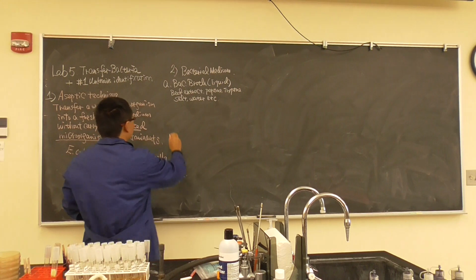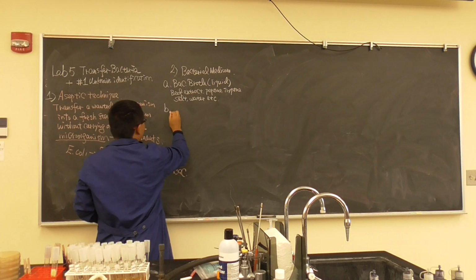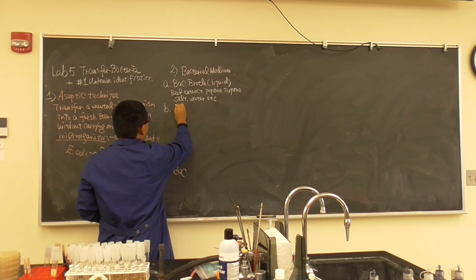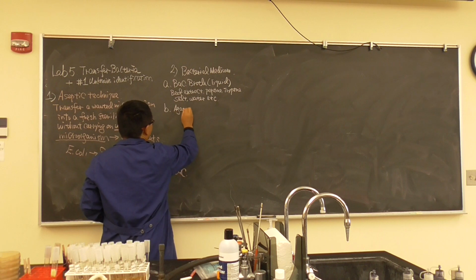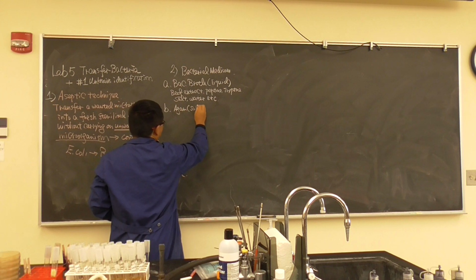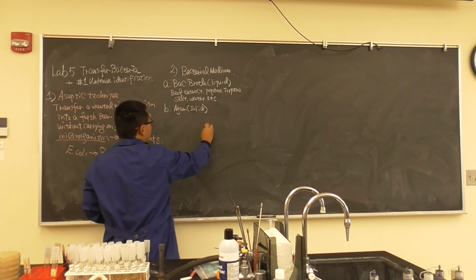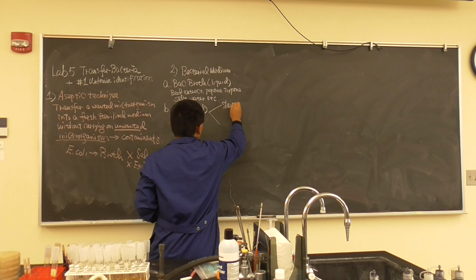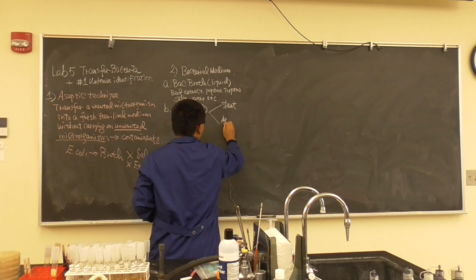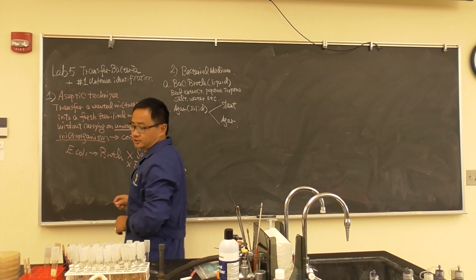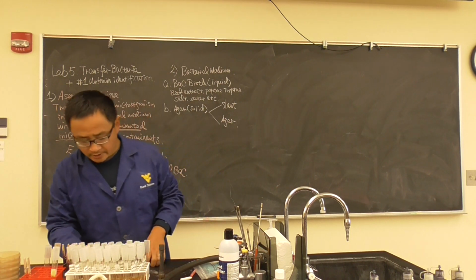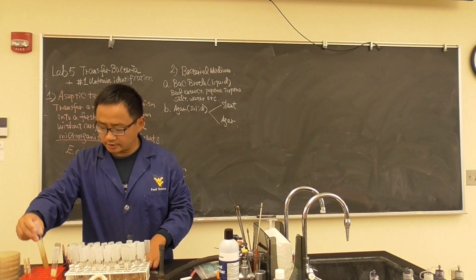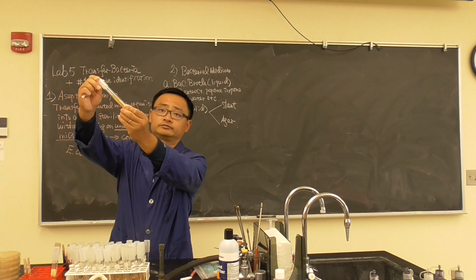Okay, now we have another two bacterial media. I would say it's agar media. We call it a solid media. What do the two solid media look like? One we call a slant. Another one we call agar. So what does a slant look like? Slant looks like this guy.